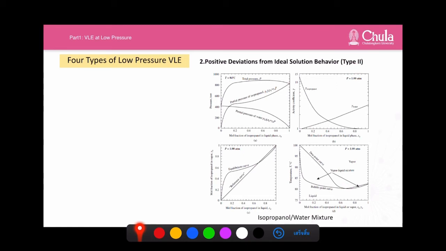For this type 2 system, the azeotrope has the lowest bubble point. So we call this type of azeotrope a minimum boiling point azeotrope. Next time, if you see a minimum boiling point azeotrope, it is a type 2 solution.